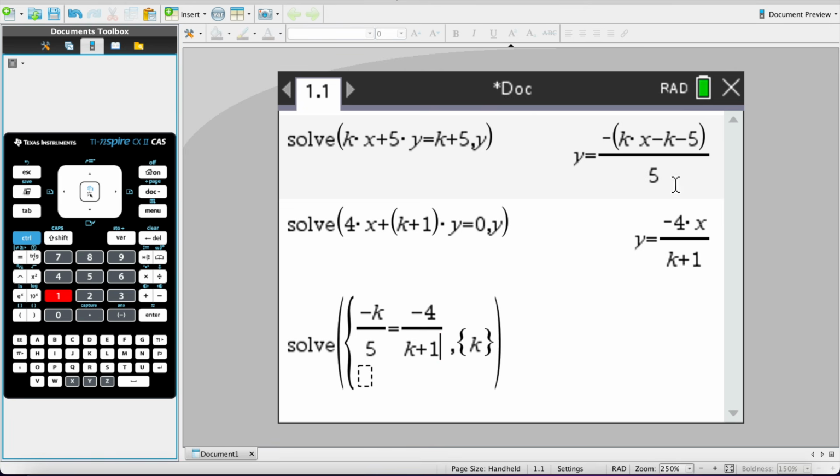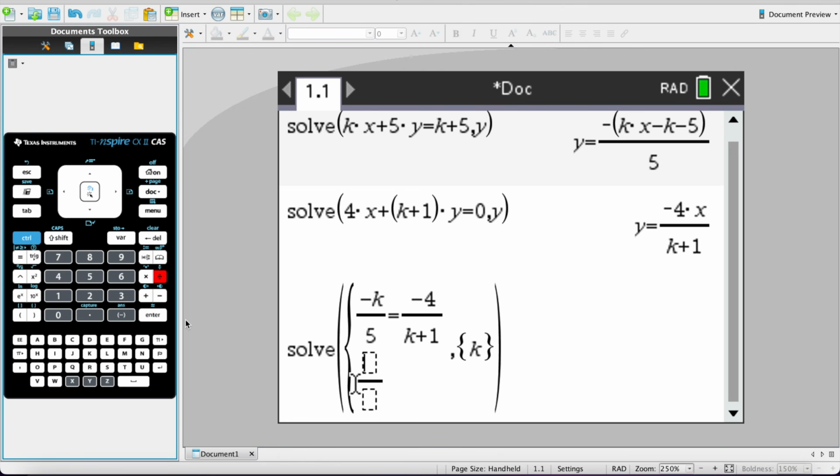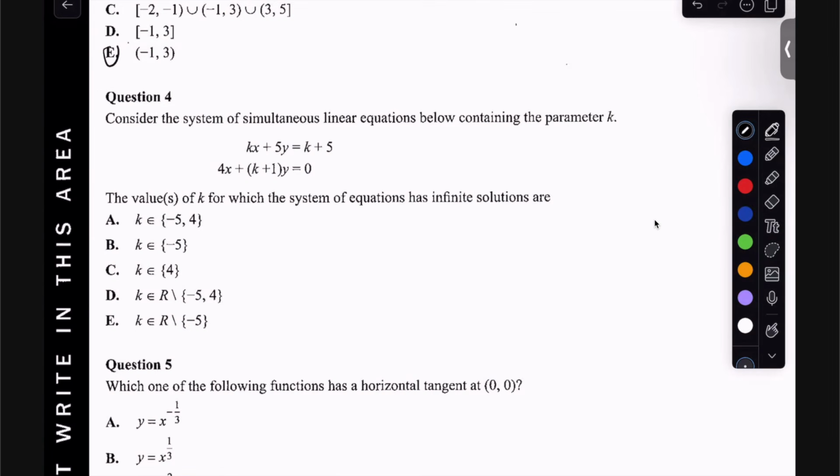And the second one is the y-intercept, which is positive, sorry, k plus 5 on 5. We want that to be equal to the y-intercept here, which is just 0. And that should give us k is negative 5. So they have infinitely many solutions for k is an element of negative 5. So that is answer option B.